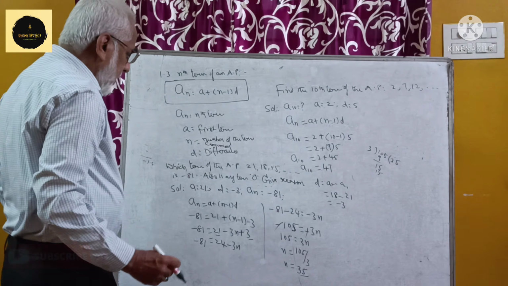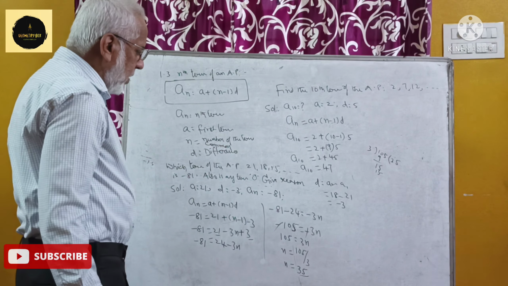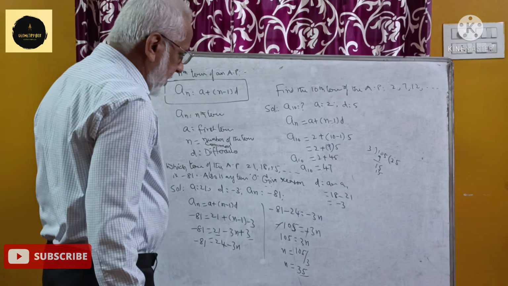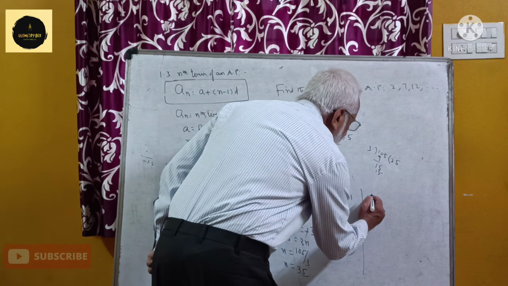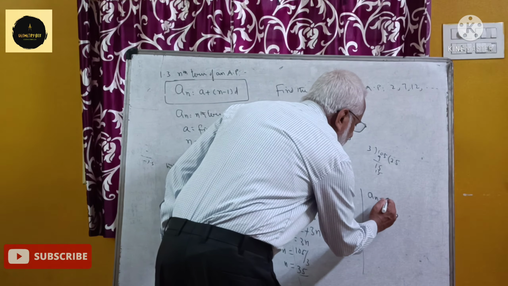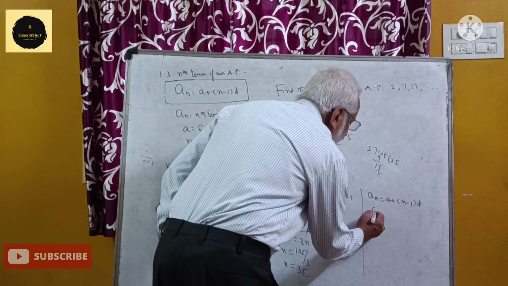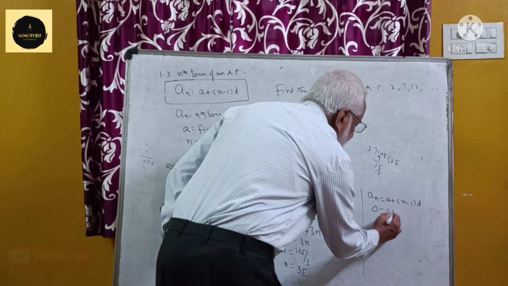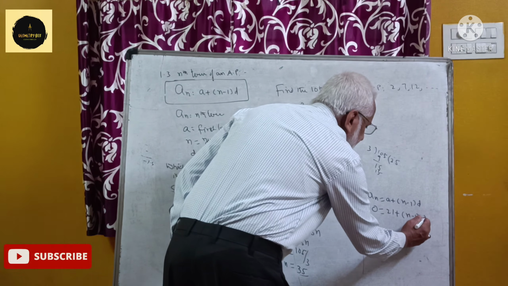Suppose in the question they have given an is equal to 0, what is the value of n? For example, so again you repeat the formula. an is equal to a plus n minus 1 into d, where an is 0, a is 21, n we do not know, d is minus 3.